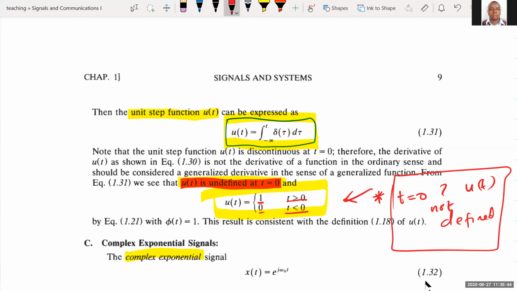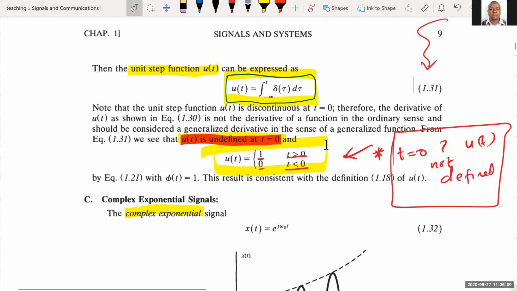And I guess if you take some time and try to understand the concepts being discussed with regard to the generalized derivatives of the impulse function, then it might make more sense to you. But all we are saying is that the unit step function can be expressed as that equation right there.